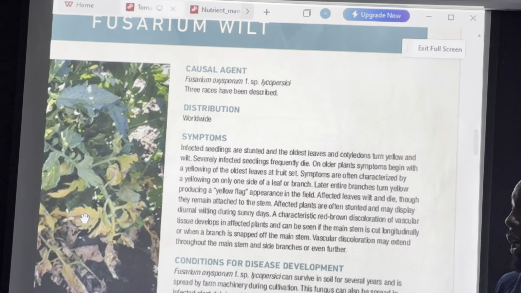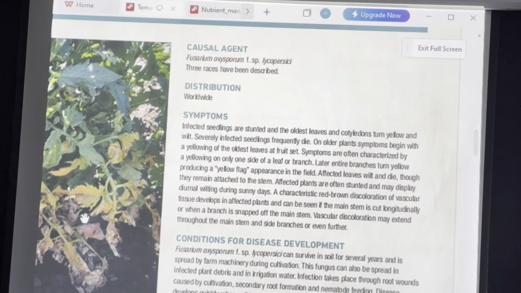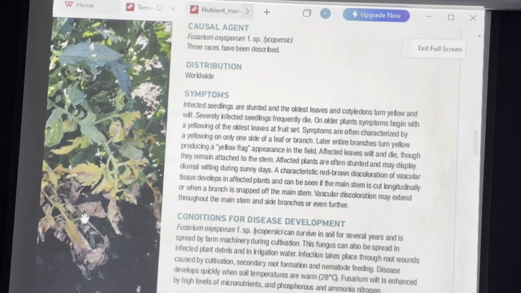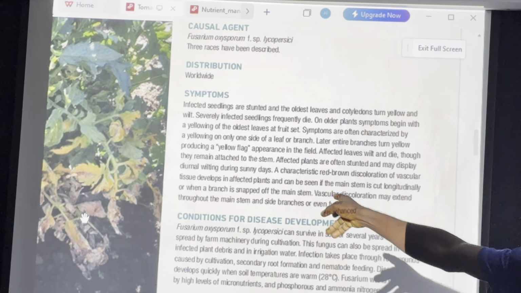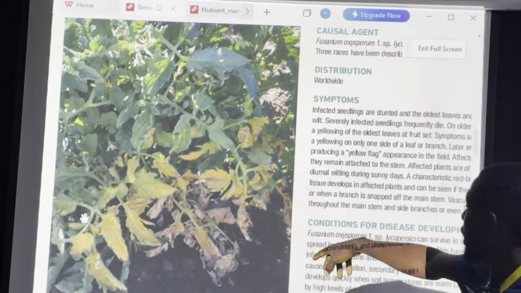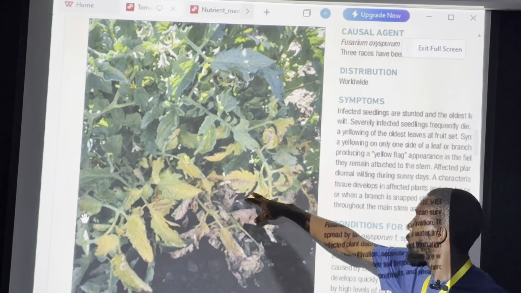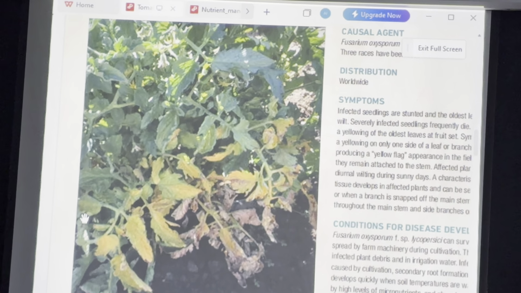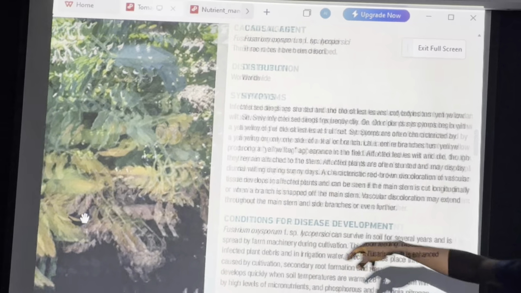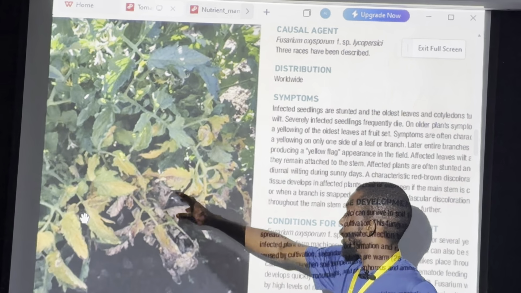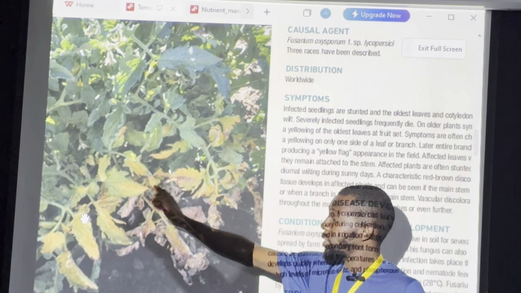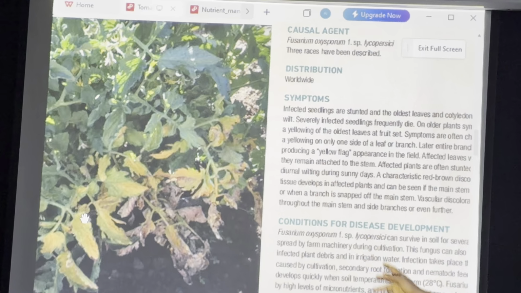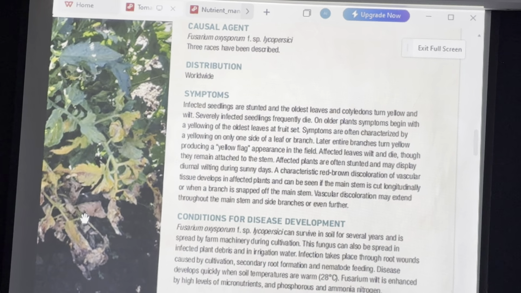It is reported worldwide, and infected seedlings are stunted. Oldest leaves and cotyledons turn yellow and wilt. Next. You can see the yellowing of the leaves. These are the older leaves turning yellow, and it starts happening from one side of the plant before it moves on to the larger plant.